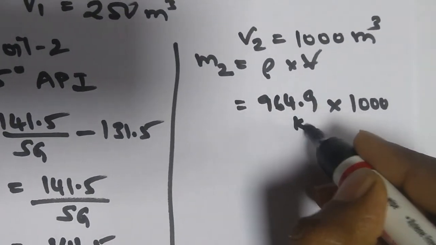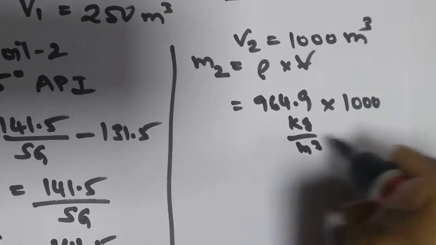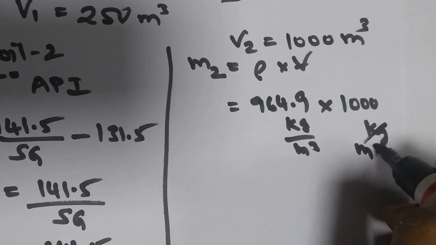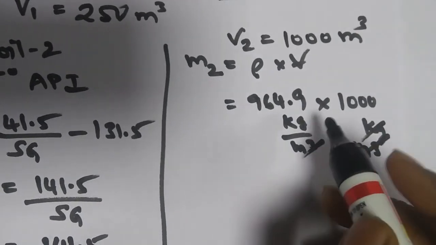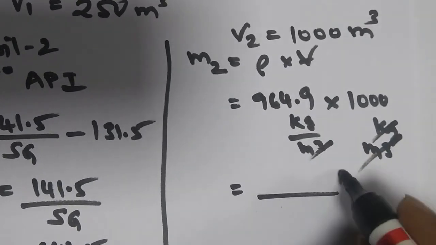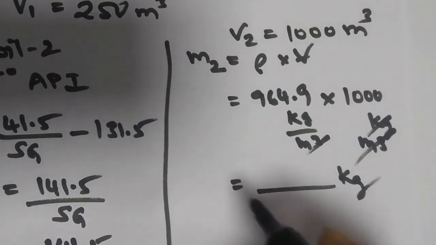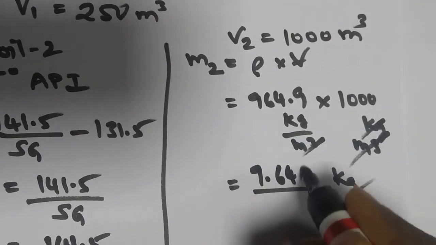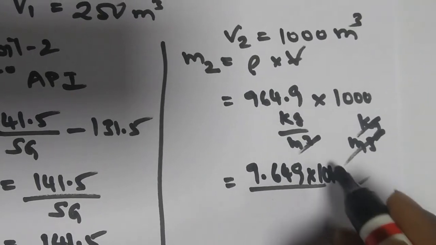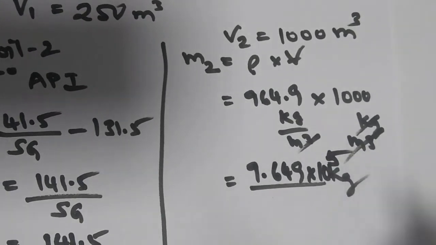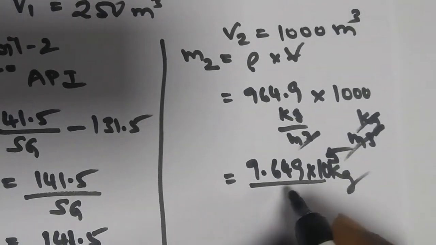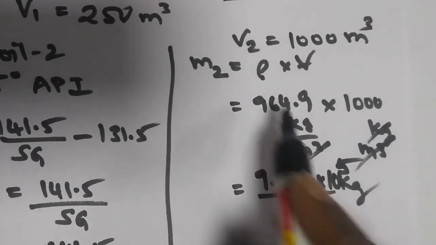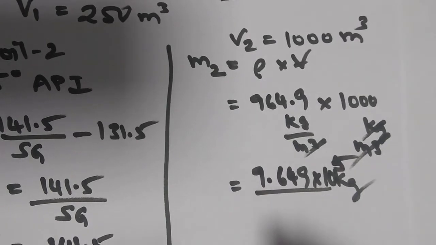The unit is kg per meter cube times meter cube, so meter cube gets cancelled and we get the answer in kg. We are getting 9.649 into 10 power 5 kg. So now we have M2, V2, M1, V1, right?